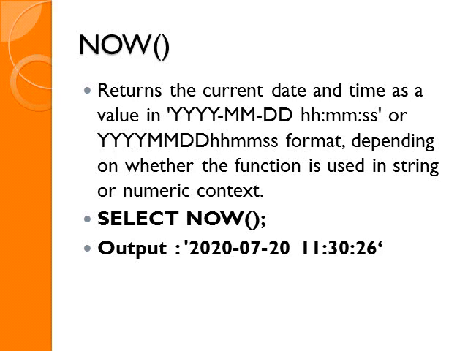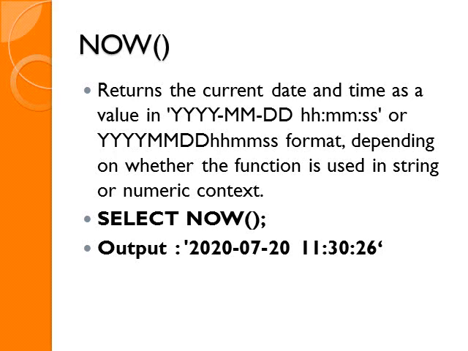Now function. The NOW function returns the current date and time as a value in the format YYYY-MM-DD HH:MM:SS, or another format without colons or hyphens, depending on whether the function is used in a string context or in a numeric context.